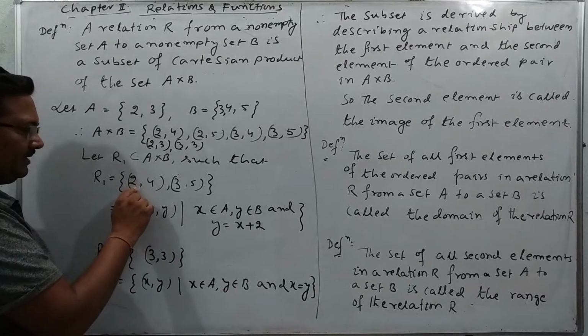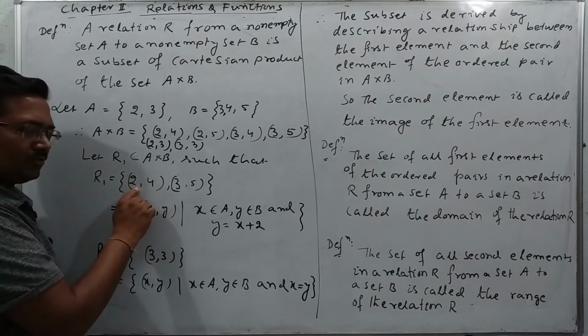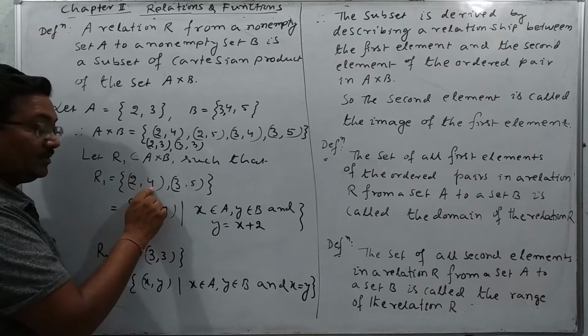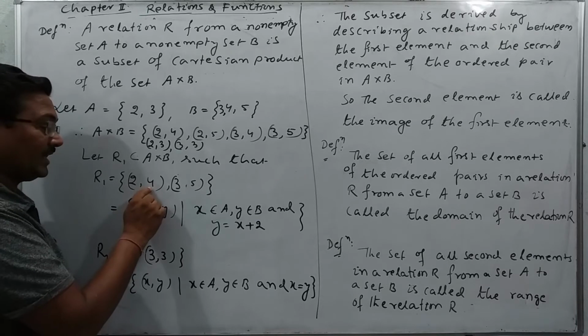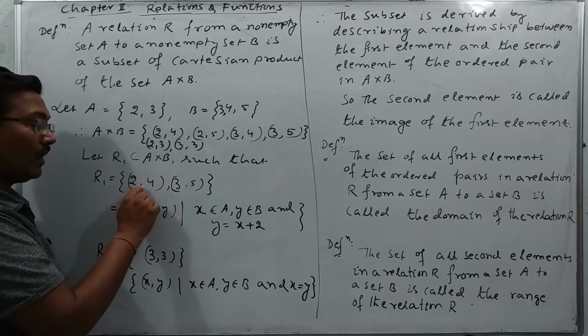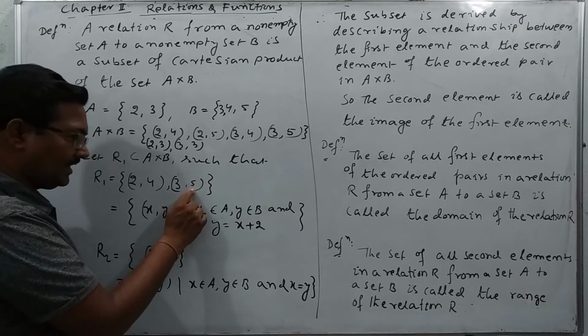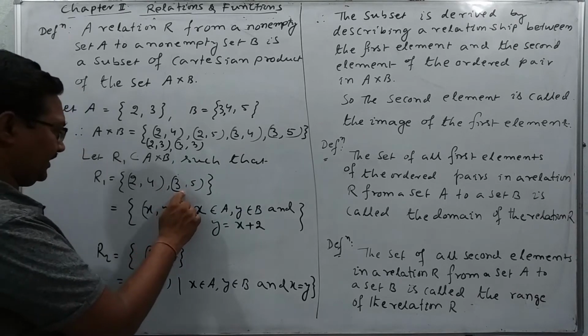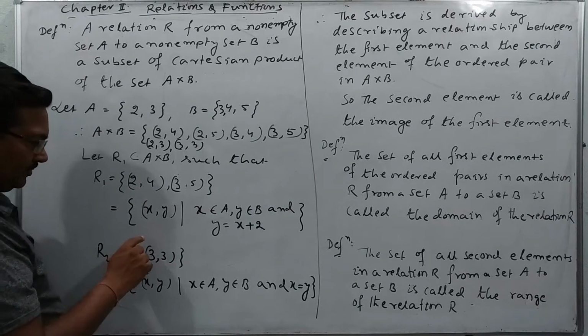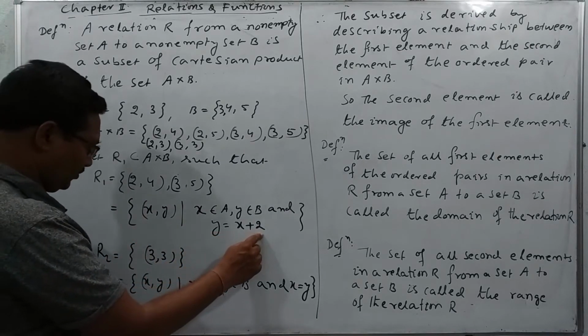How? We see 2, the first component is lesser by 2 than the second component, or the second component is 2 higher than the first component. So, I write y equal to x plus 2.